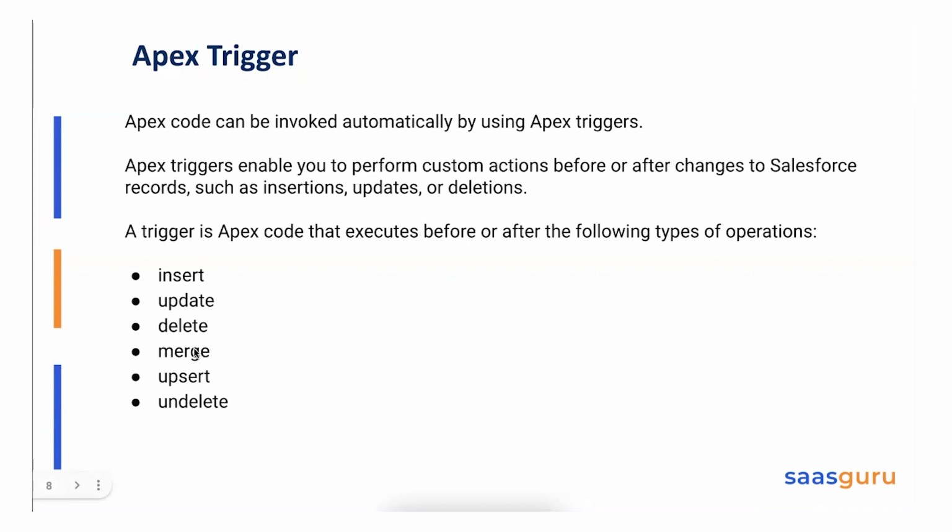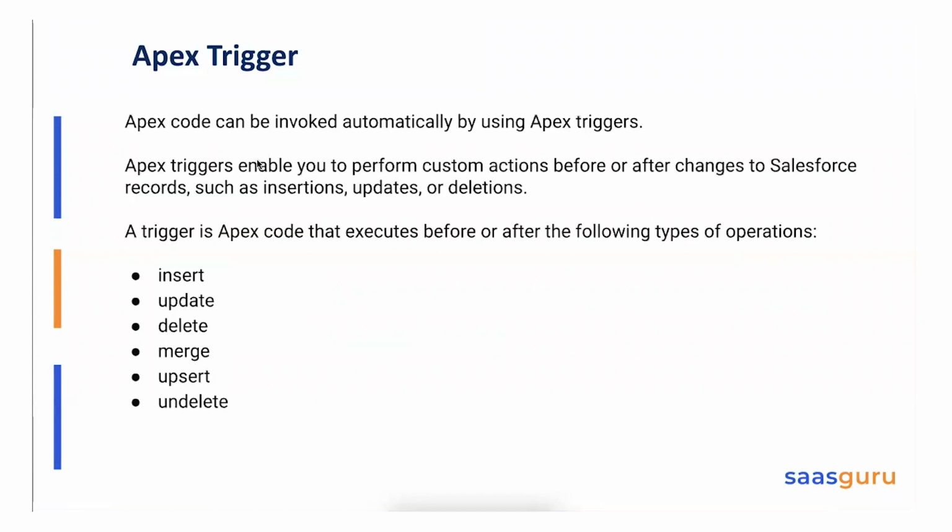Merge means a record is going to be deleted and a record is going to be updated. So if a merge operation is happening, it means we have a delete event and an update event. And undelete: if some record is recovered from the recycle bin, then the trigger will also execute.